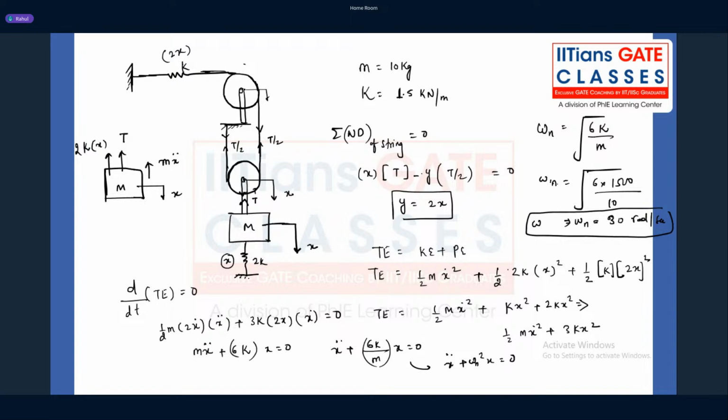Here, if you note the free body diagram, it is T. Let's say this is the T, but you need to write each and everything in the form of x.